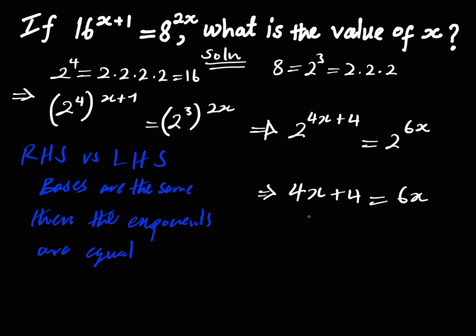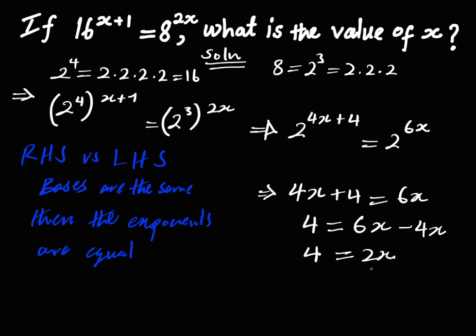That gives us 4 equal to 6x. 4x, when taken to the right hand side, the sign changes to minus 4x. Then we have 4 is equal to 6x minus 4x, which is 2x.